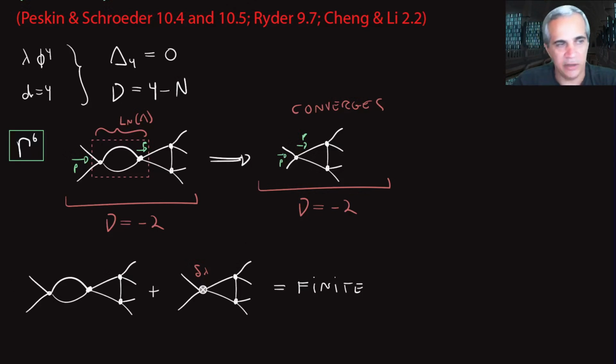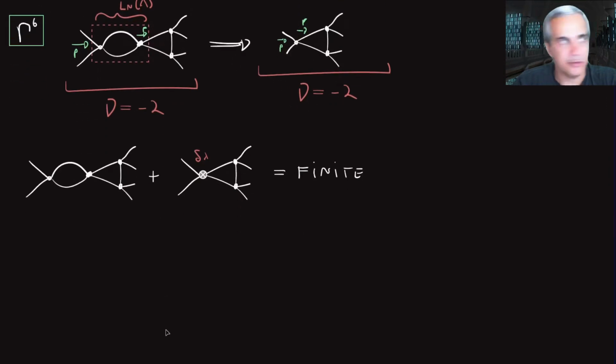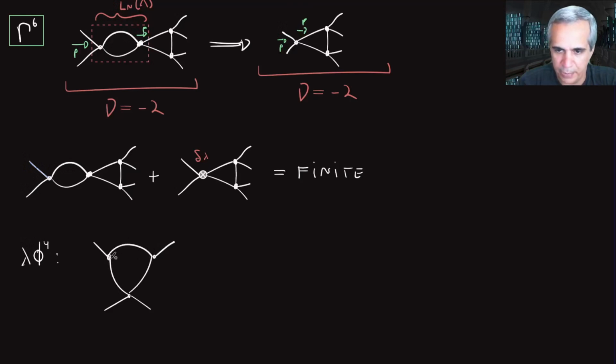So let's see another example. Sometimes, and again we're trying to stick to lambda phi 4 here, but there are many theories where this kind of thing shows up, you can have more involved diagrams. Take this one. Now, this is a contribution to the 4-point function.